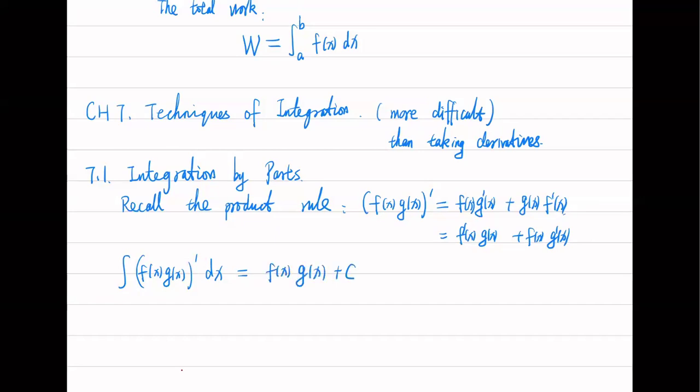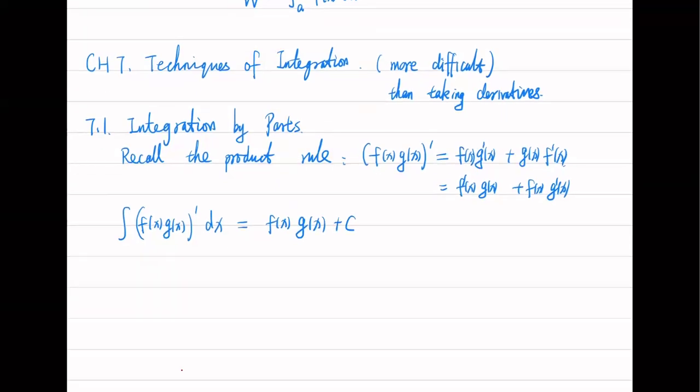Let's see. So the integral of the right-hand side. This one we will apply the formulas. This is the linear property.